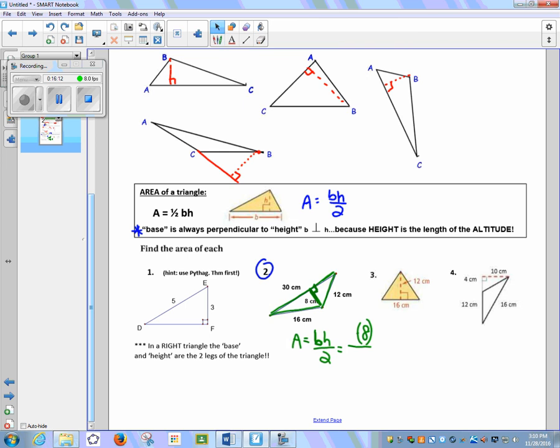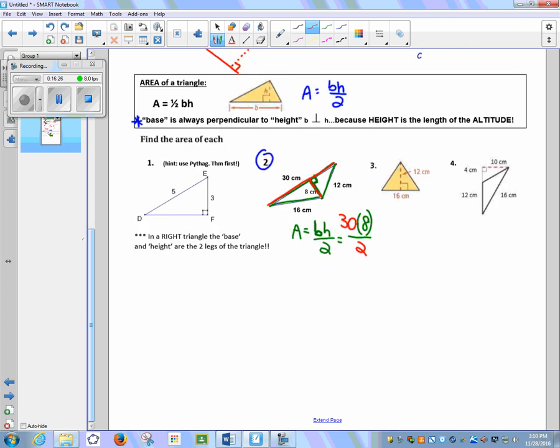So when you look at this diagram, which side is perpendicular to the 8? That would be the 30. So when I'm finding area of number 2 here, I would do 30 times 8 and then divide by 2. And that's going to give you 240 divided by 2, which is 120. Remember, area is square units, so square centimeters.